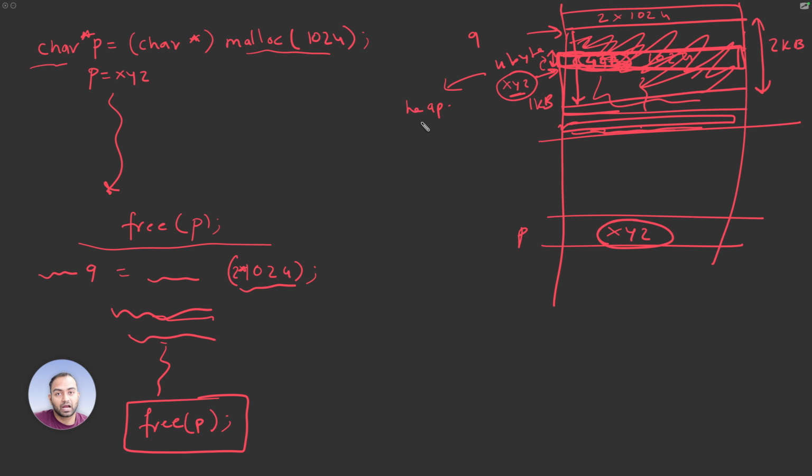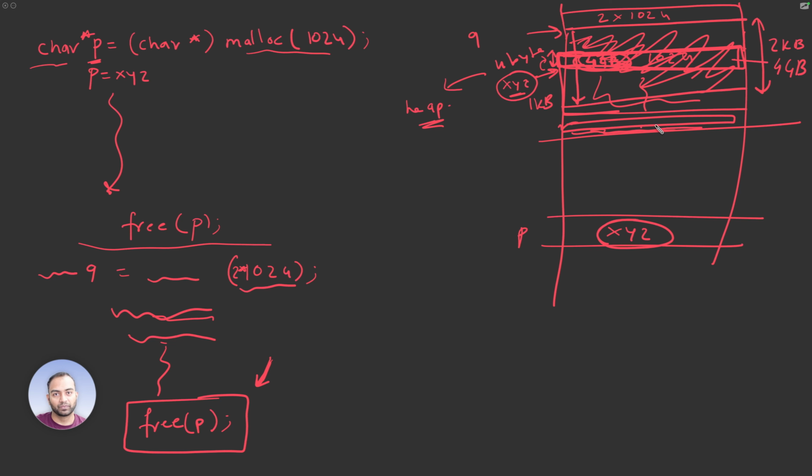It's not keeping track of am I seeing a free twice of the same memory region, of the same allocation? It doesn't keep track of that. So the heap allocator would be like, yeah, okay, go to XYZ, step back 4 bytes, read, and it reads the number 4 GB.